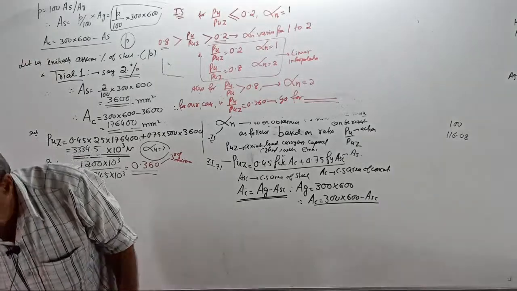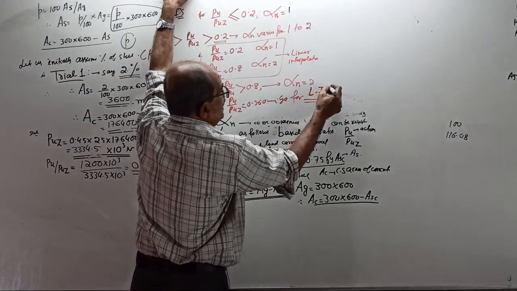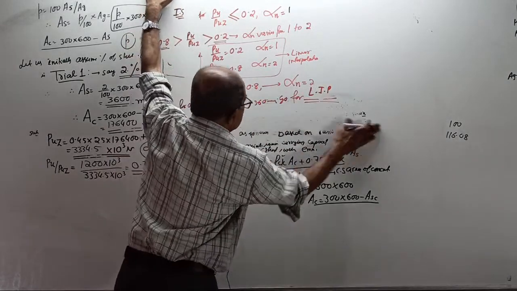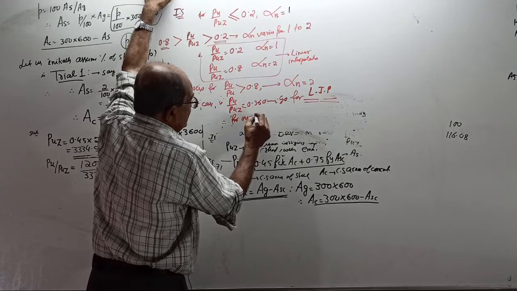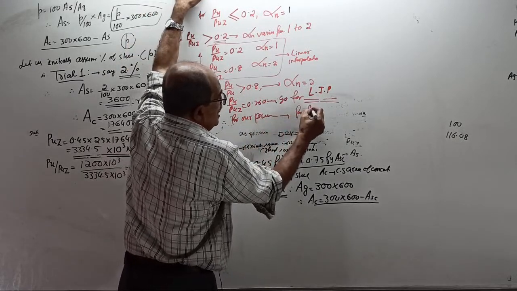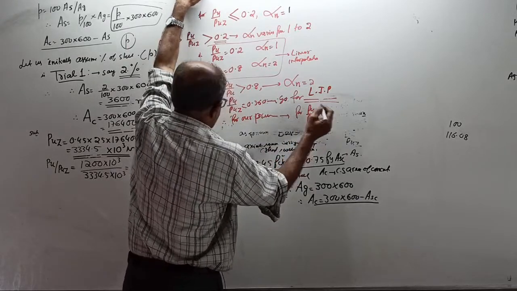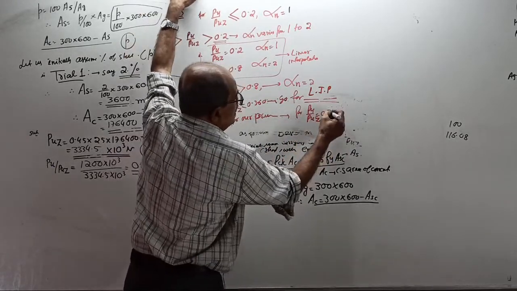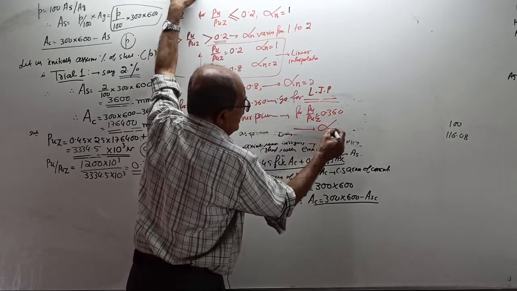You have to go for linear interpolation. Therefore, tell the answer. For our present case, PU by PUZ equal to how much? 0.360. Anybody can tell me what is alpha n?